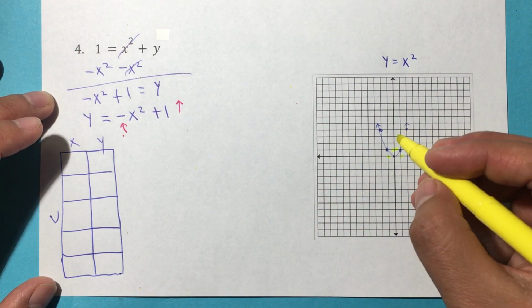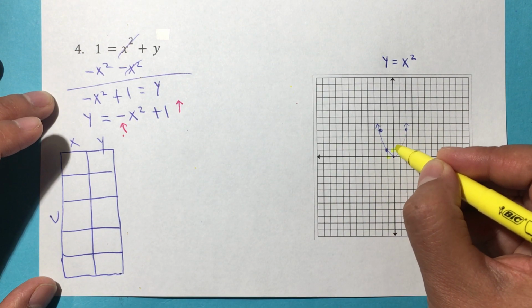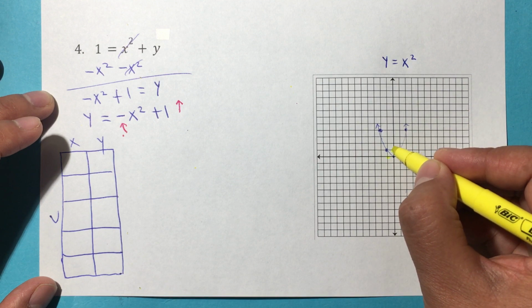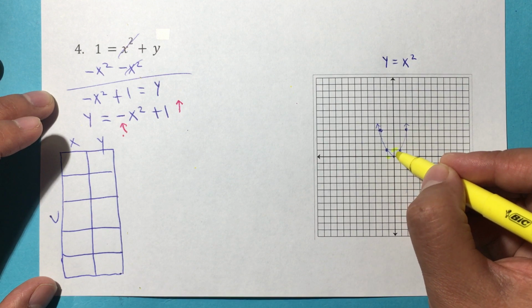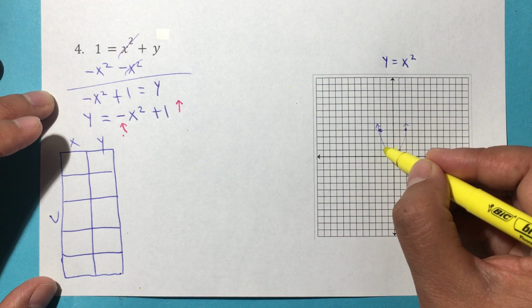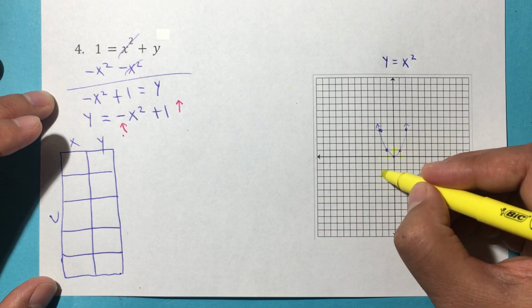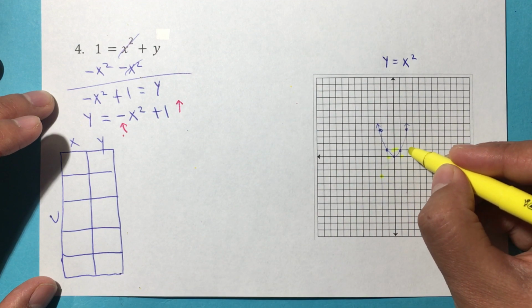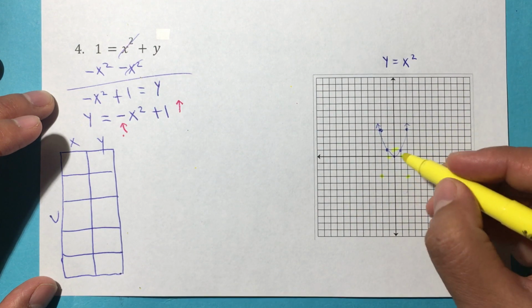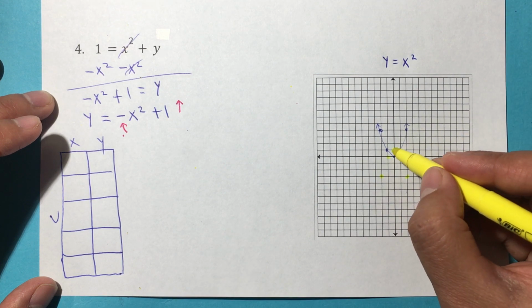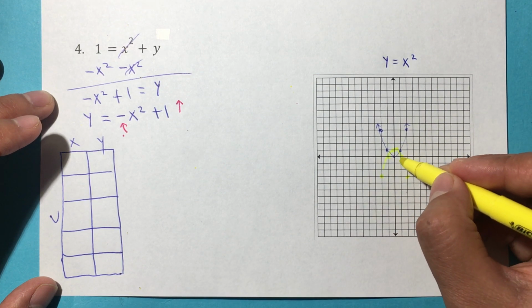Okay, and then from the new vertex, which is at 0, 1, it's also 2 spaces, and then right there, 2, 4, and then 2 spaces and 4 spaces right there. So my parabola, if you can see, should go through there.